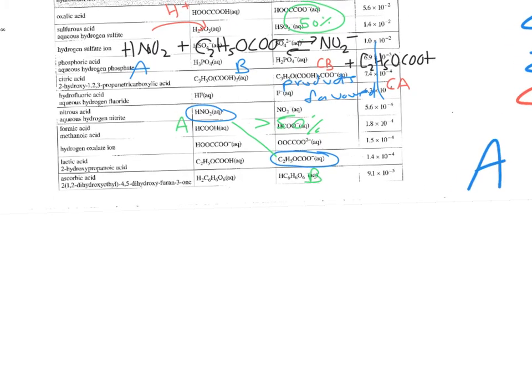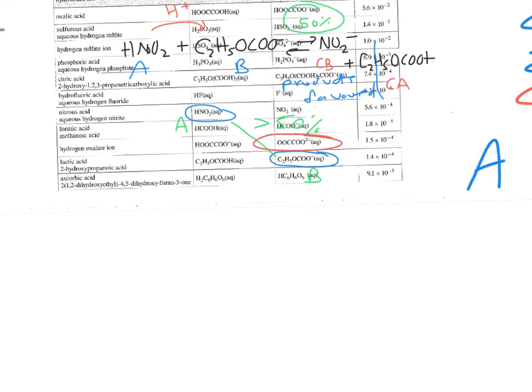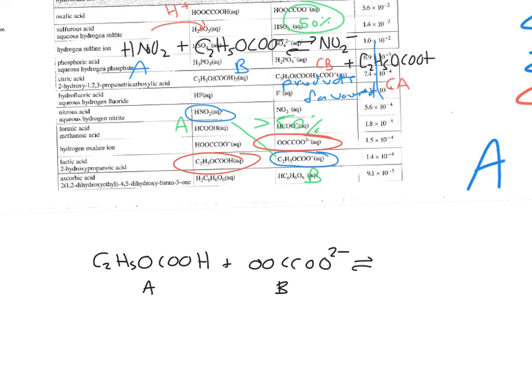Maybe I want to do a different one, so let's look at the reaction between this oxalate ion and lactic acid now. So I have C2H5OCOOH, that's my acid. I have my oxalate ion, which is a diprotic base. It can accept 2, that's my base. So my acid gives up a hydrogen ion to form C2H5OCOO minus, plus my base accepts 1.